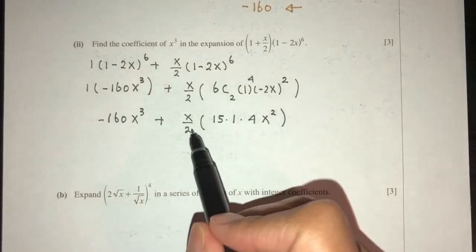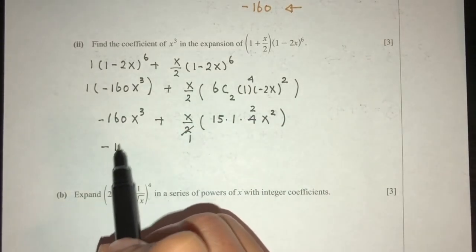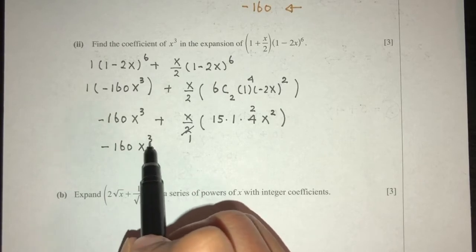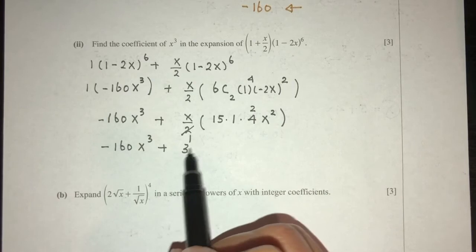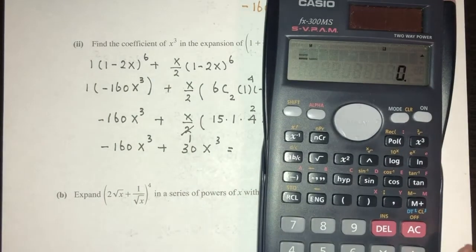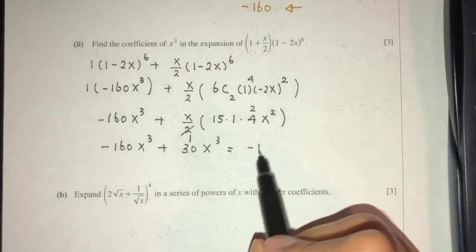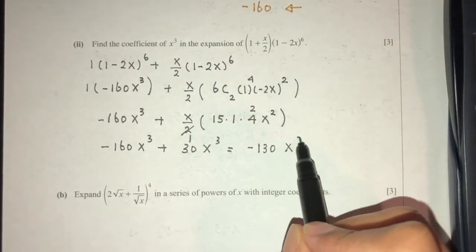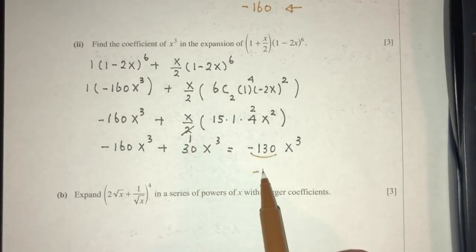Now we can simplify. This one is 1, that will be 2. So you will have minus 160x cubed, and 15 times 2 is plus 30x cubed. So your answer is what? Minus 160 plus 30. That will be minus 130x cubed. But your answer is the coefficient, which is minus 130.